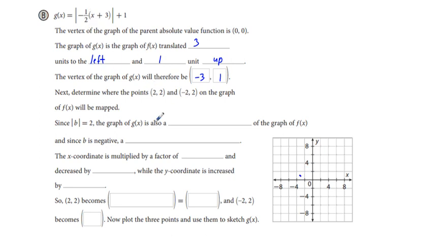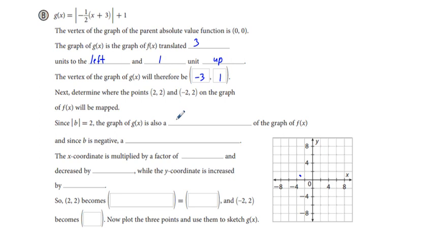Well, since absolute value of b is 2, the graph of g of x is also a transformation or a compression. There are different words in there.